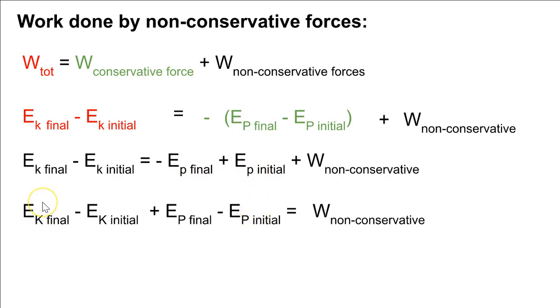And you should know by now, final minus initial is always equal to change in. So kinetic energy final minus kinetic energy initial will give me the change in kinetic energy. And potential energy final minus potential energy initial will give me the change in potential energy.